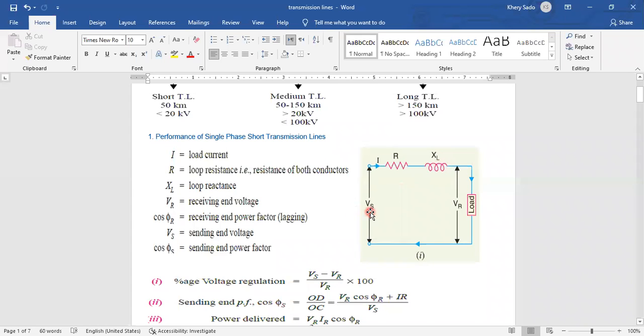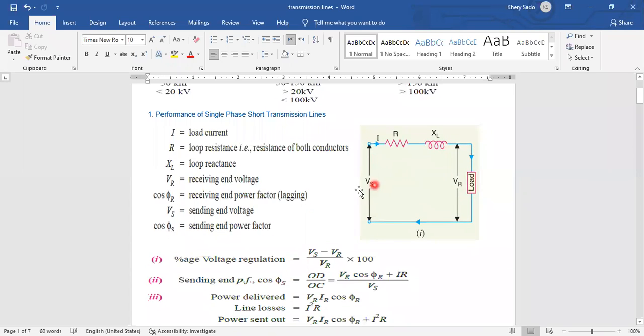Because, for example, this is Vs and this is Vr. Always, the voltage regulation is the difference, because most of the times in normal systems, the voltage that we send is greater than the voltage we receive. So voltage regulation will be Vs minus VR over VR.